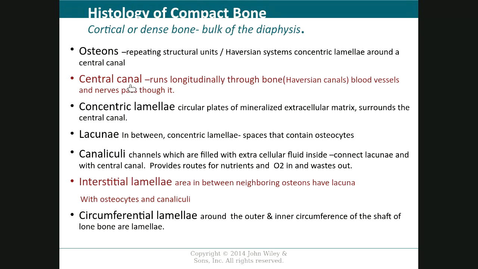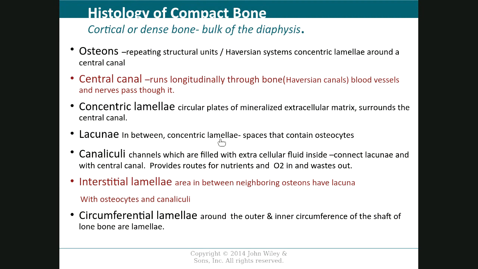The central canal is a longitudinal space that contains blood vessels and nerves. Around the osteon are circular plates of mineralized extracellular matrix called concentric laminae, and they surround the central canal.